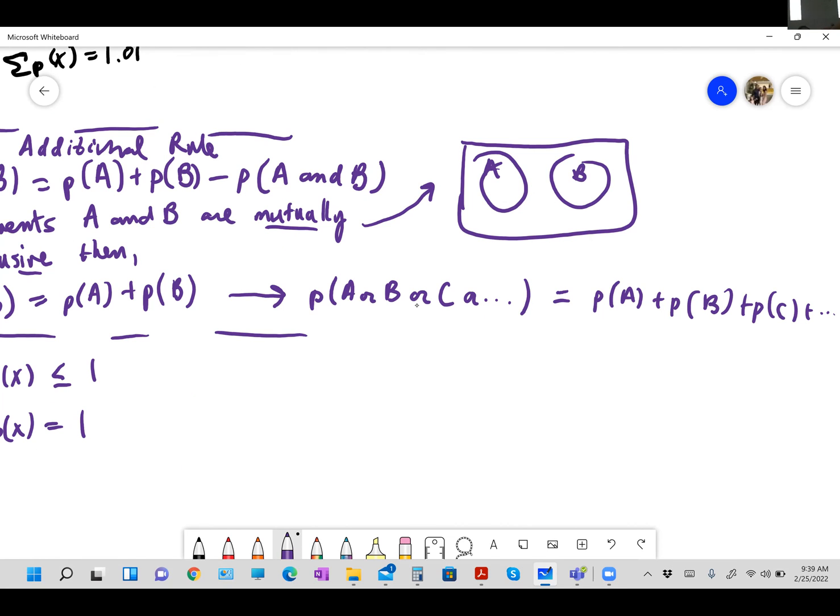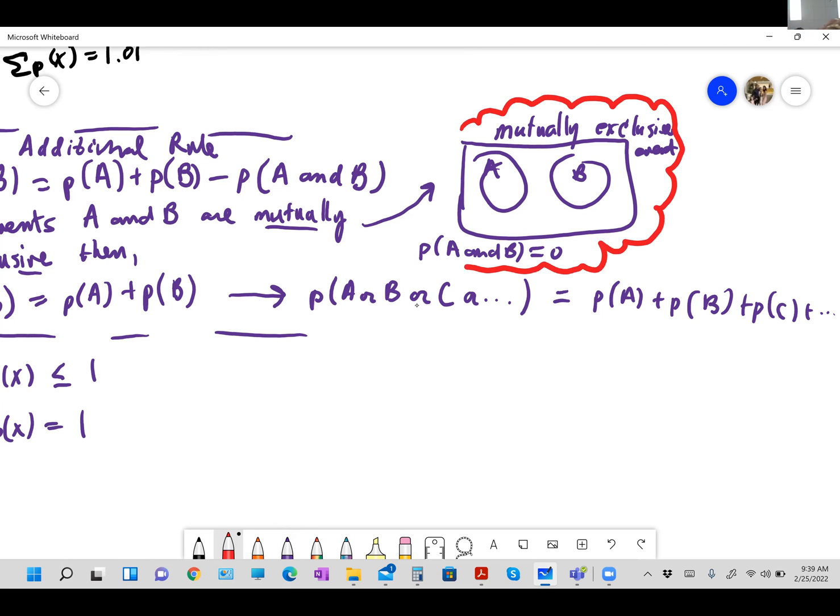So that means that the probability of A and B is 0 for mutually exclusive events. That's it. That's what we did last class, technically.